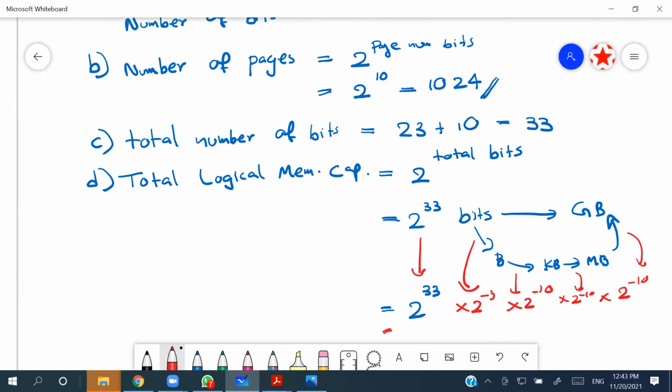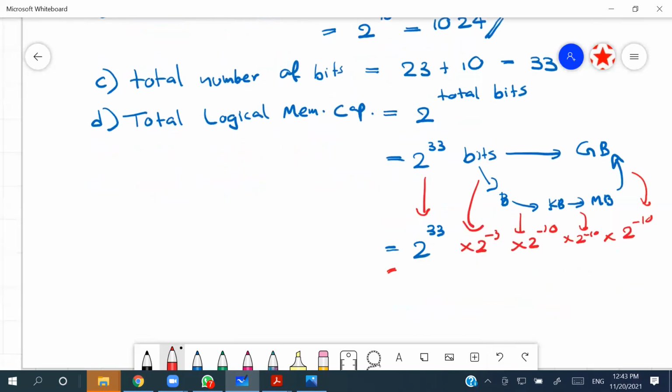So that gives you 2 to the power 0 GB, that means 1 GB.